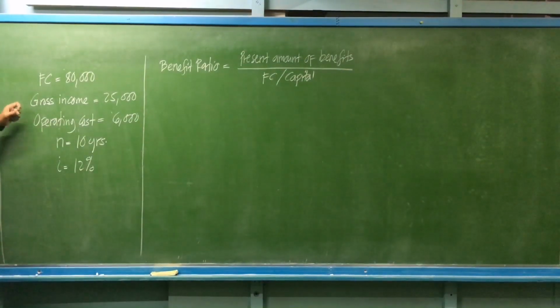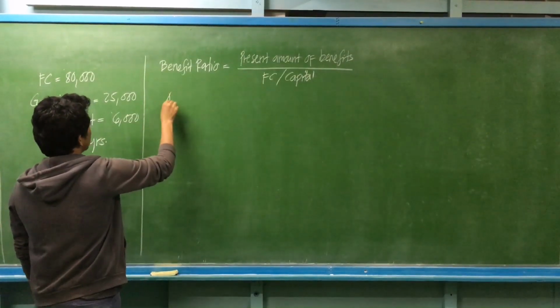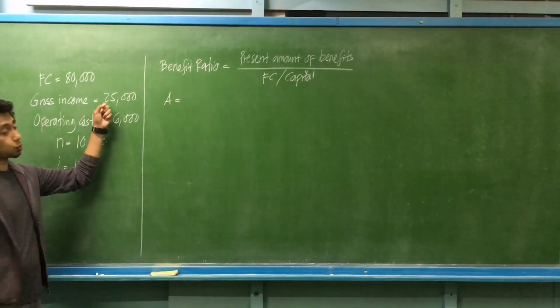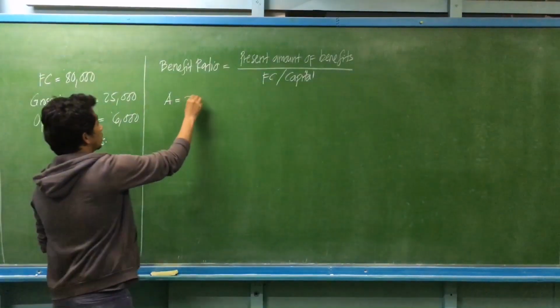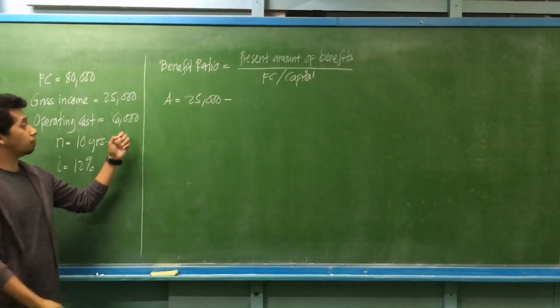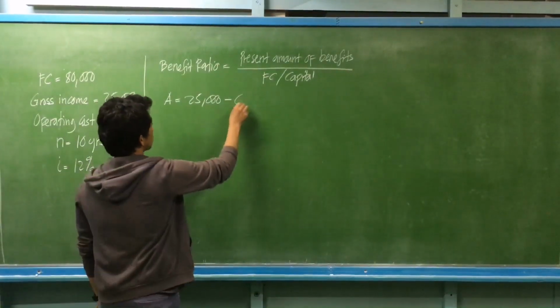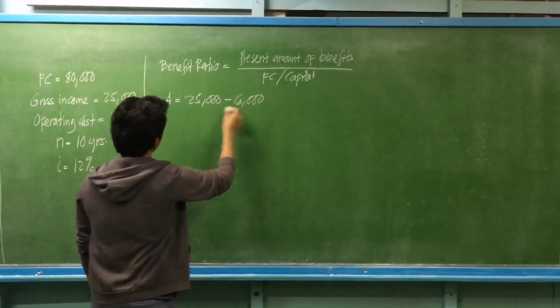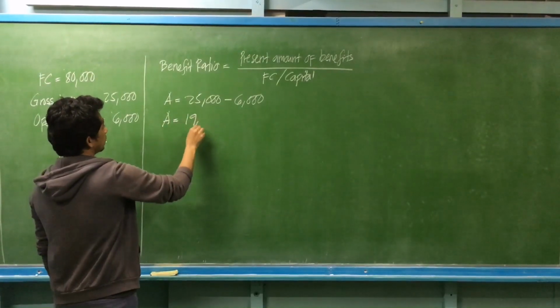So, based dito, we have a gross income. Let's say that is in the form of annuity. So, ang gross income mo is 25,000 per year. Pero, meron tayong annual expenses or operating cost na given dito as 6,000. So, we have an annual benefits as 19,000.